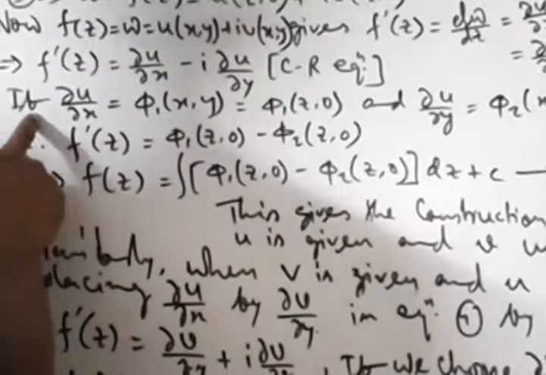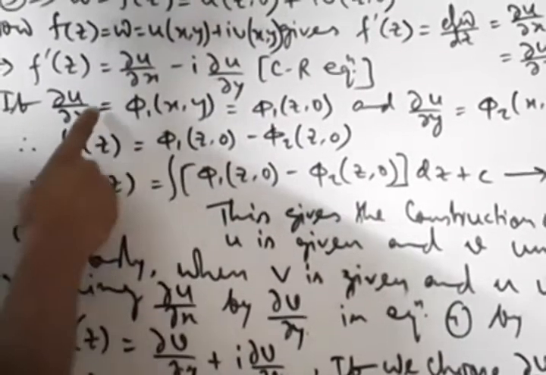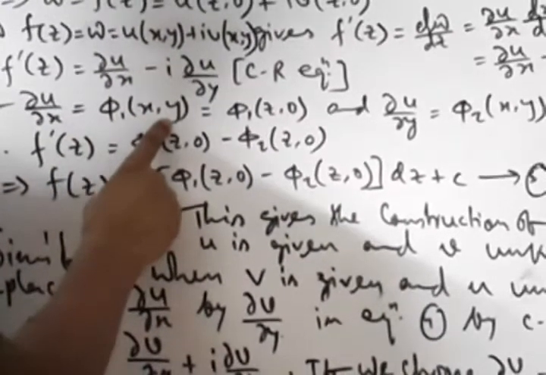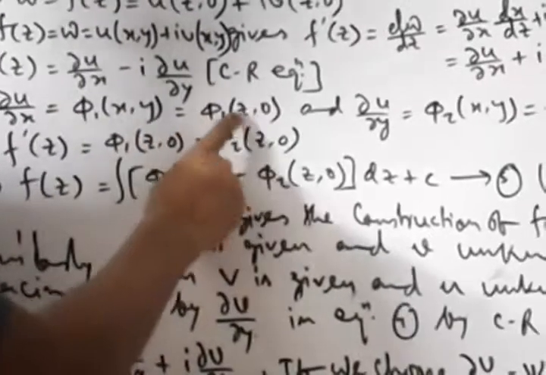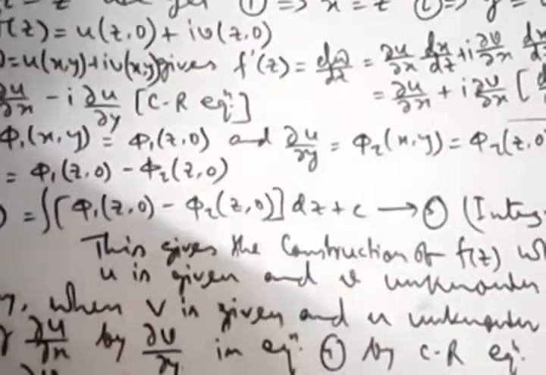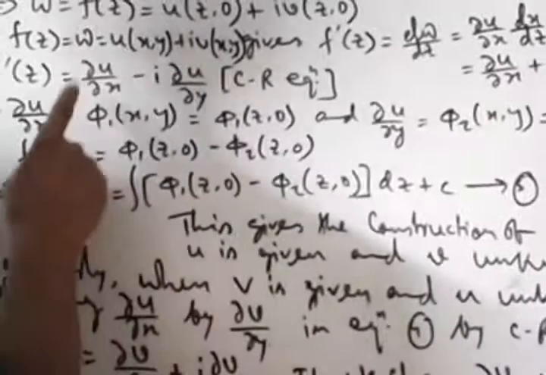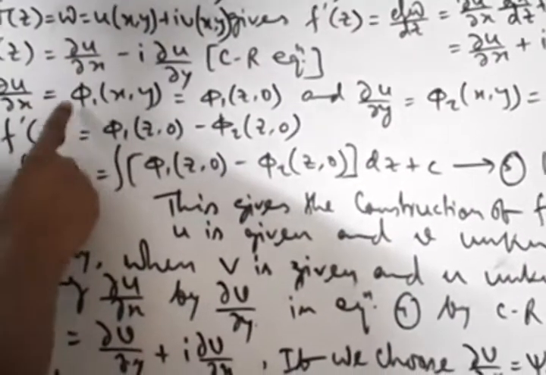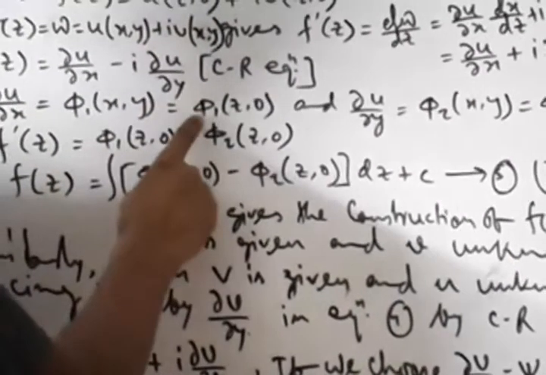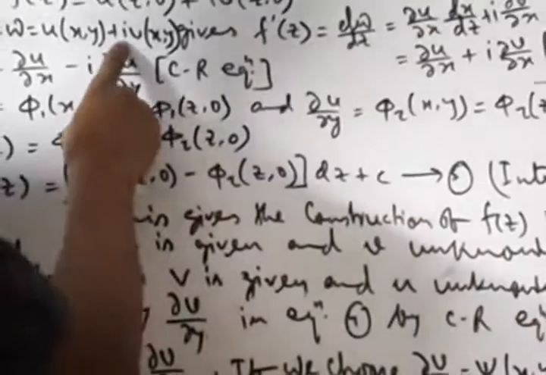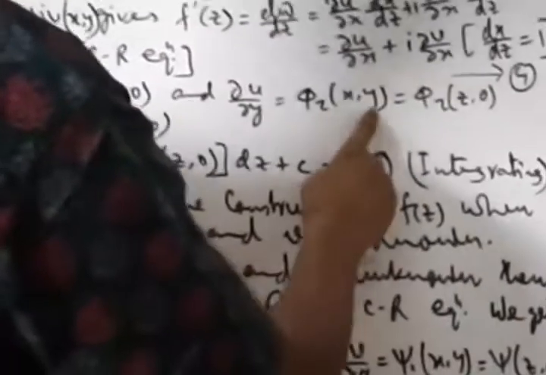Now if we replace del u by del x by phi 1 of x, y, that means phi 1 of z, 0. Here x is equal to z and y is equal to 0. From this condition we can replace this here. So del u by del x is equal to phi 1 of x, y, which is phi 1 of z, 0, and del u by del y is equal to phi 2 of x, y. Here phi 1 and phi 2 are two functions of x, y, and then we can write phi 2 of z, 0.